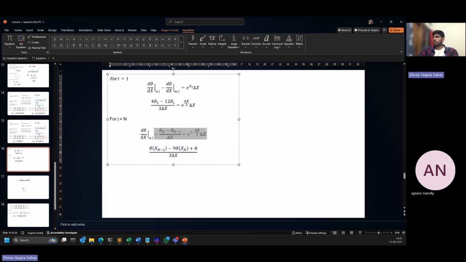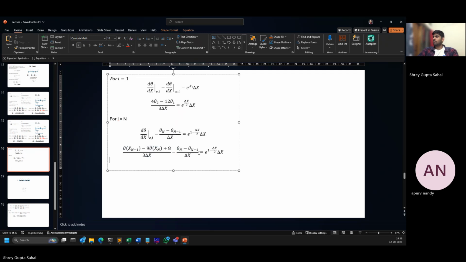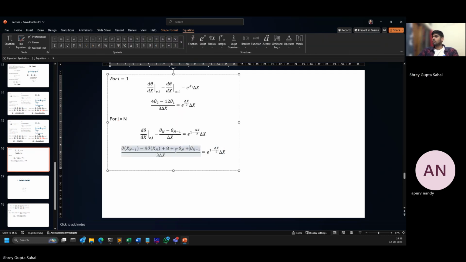Minus this one. Again, this minus sign I'll absorb inside first and then take it on the fraction term. This will be 3. This will also be 3. So this should be theta n. This should be theta n minus 1.